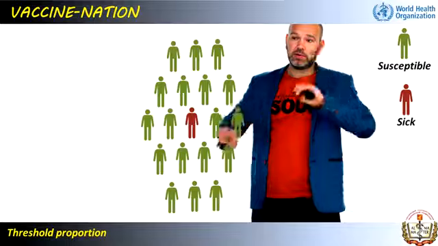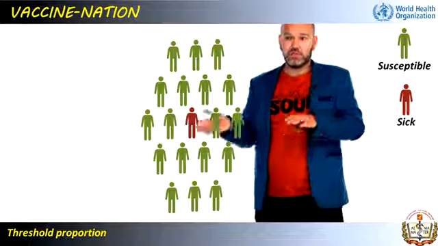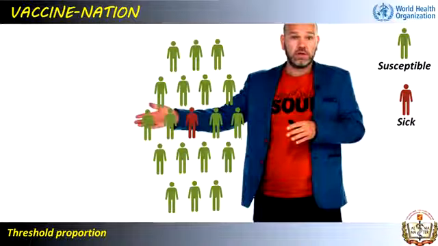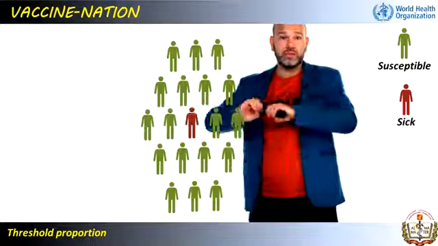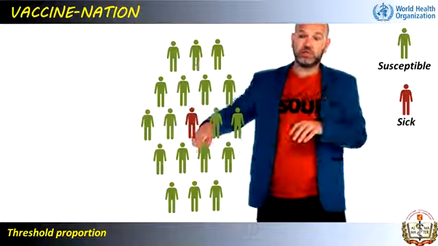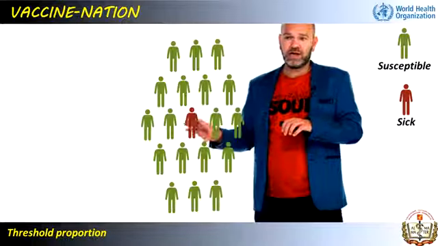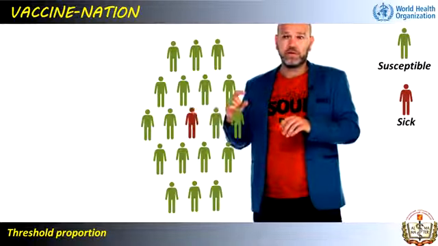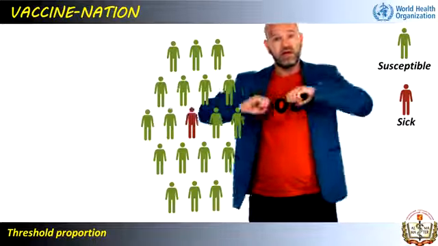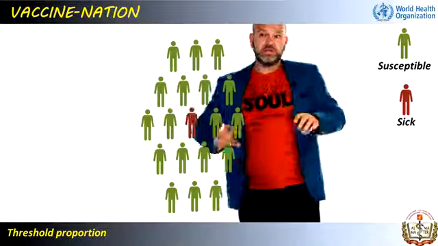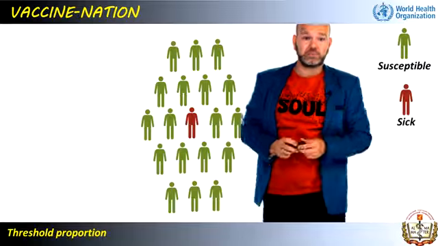The chance that people around will become ill is very high because they all are susceptible. How many people should be ill to spread as a pandemic? That is the threshold proportion. Initially we have one person, a very low rate. But when that threshold proportion is reached, a severe pandemic can appear.